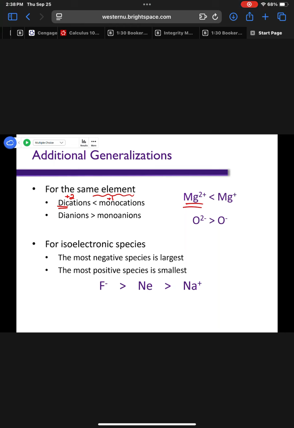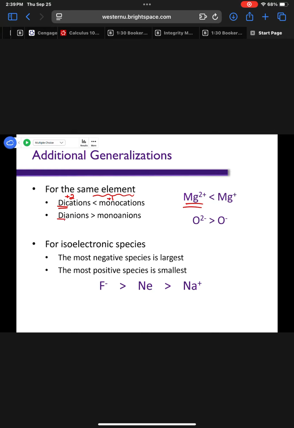If you take 2 electrons away, that's going to be way smaller than just taking 1 electron away. So here's my atom. You took 1 electron away, it got smaller a lot. That's just what we talked about. The cation is always smaller. But if you take 2 electrons away, it's going to get even smaller, much, much smaller. Doubly charged cations are always smaller than singly charged cations.